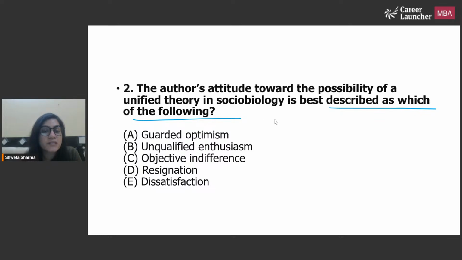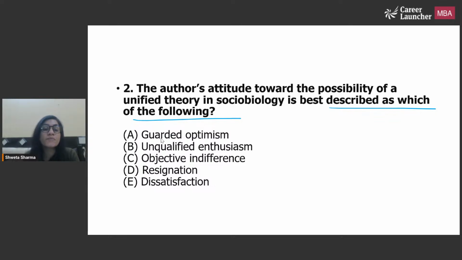Is it guarded optimism, unqualified enthusiasm, objective indifference, resignation, or dissatisfaction? What is it? Yeah, so the author's attitude towards the possibility of a unified theory in sociobiology is best described as guarded optimism.